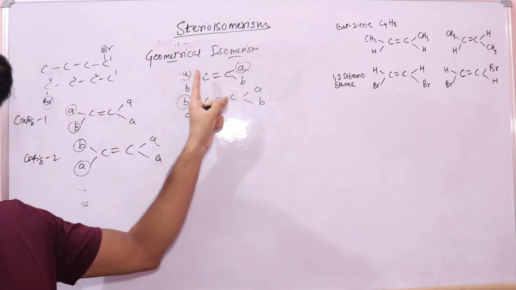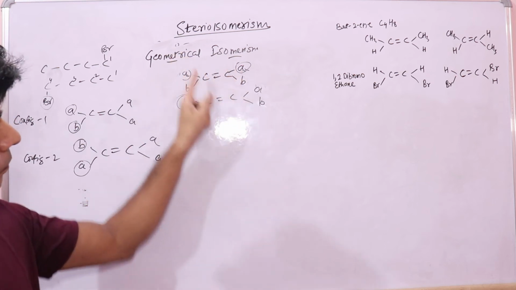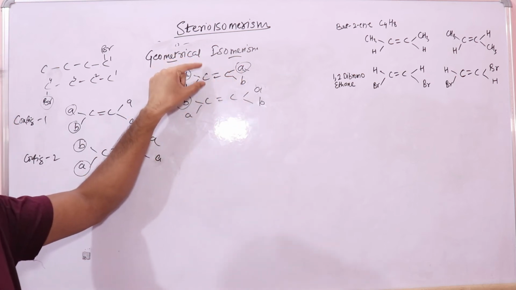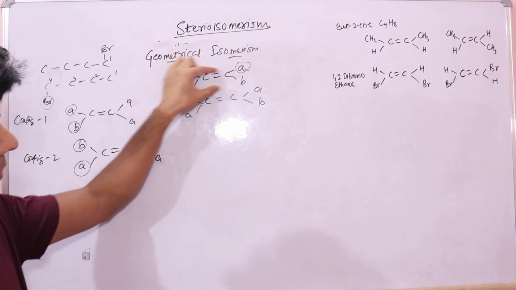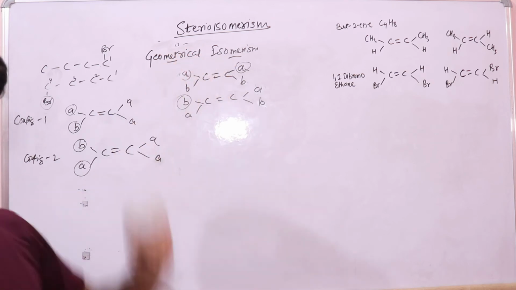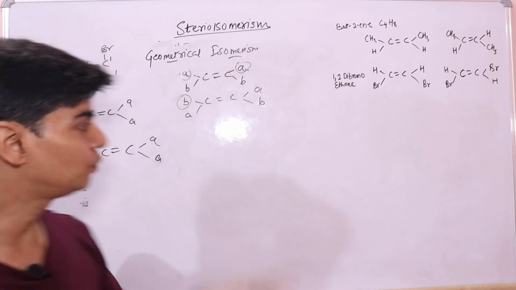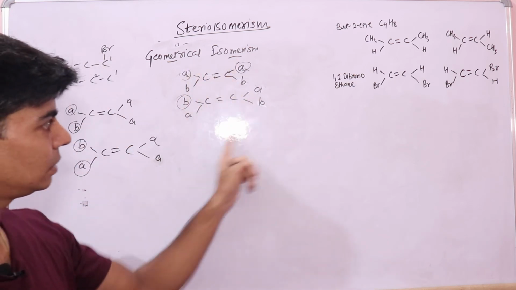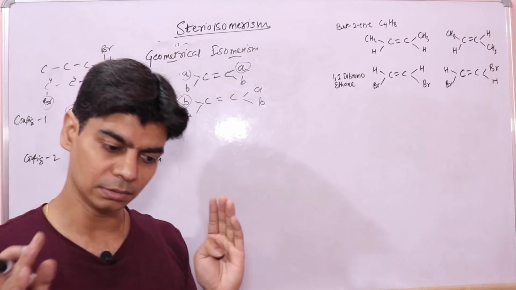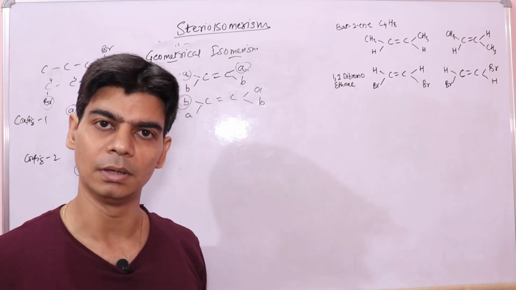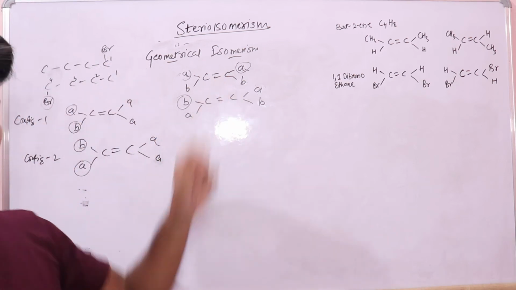In this form the carbon carbon double bond, the rotation is not possible around carbon carbon double bond. If rotation would have been possible, it would have changed into this molecule, right? This configuration would have taken this configuration, but this rotation is not possible, right, due to the presence of carbon carbon double bond.